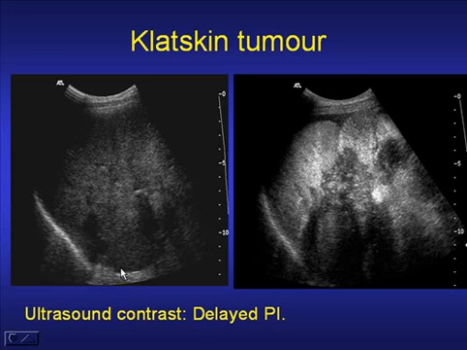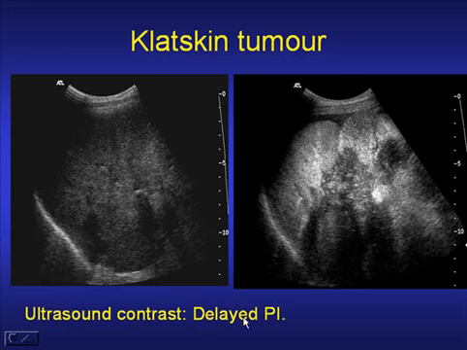We have used high MI imaging using the first generation contrast agent Levovist for studying other types of tumour within the liver, particularly Klatskin tumours or hilar cholangiocarcinomas, which can be extremely difficult to see by conventional ultrasound, by CT or MRI scanning.